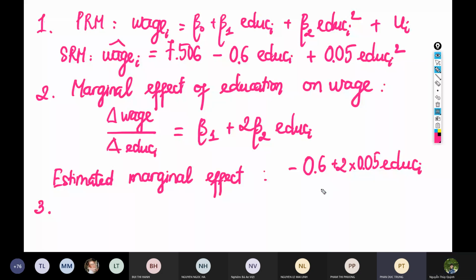It suggests that the marginal effect is increasing. Yeah, okay.